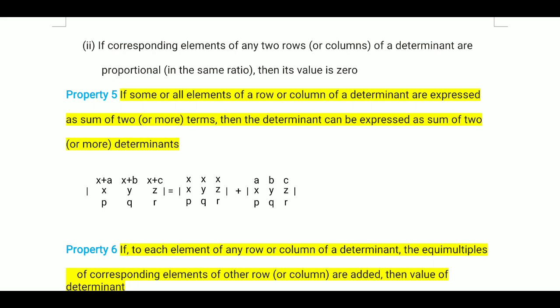Here R1 has the elements in the sum of two terms. So this determinant can be divided in this manner. We take the first element to all, the second element to all. We get two determinants like this: x, y, z, p, q, r with x, y, z, and a, b, c with x, y, z.